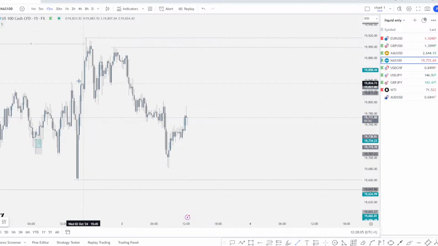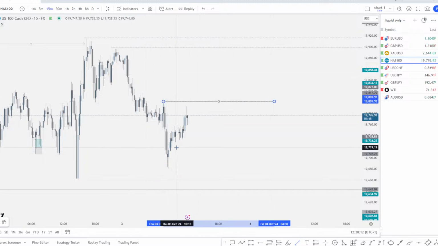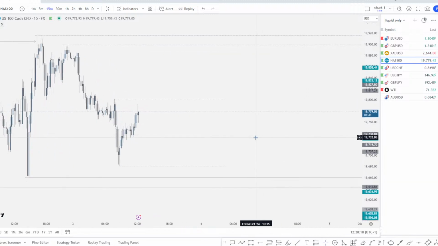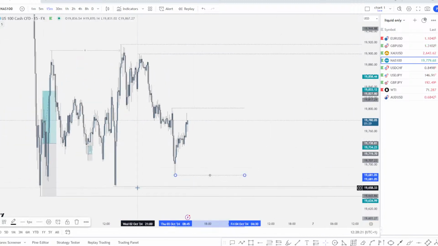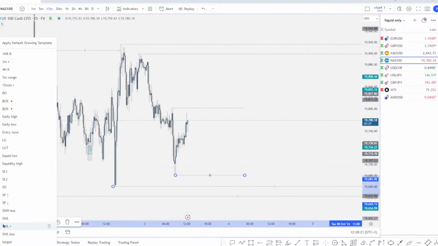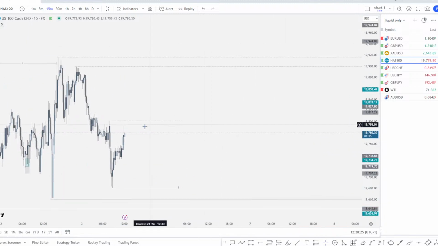Okay, so that was taken out. That's a high. It's also the 15-minute. This is a liquid point. That's the other point there. So we've got this, this, and this as our entry points.